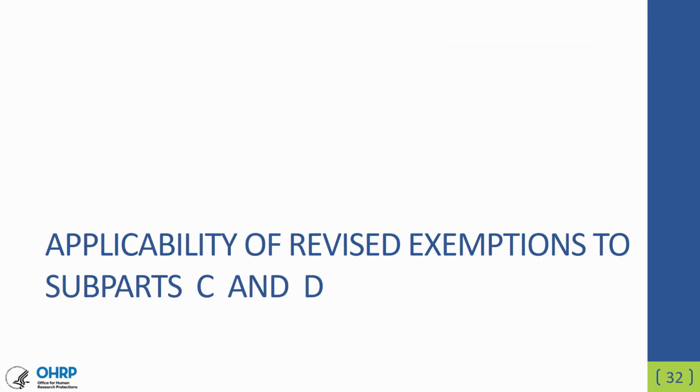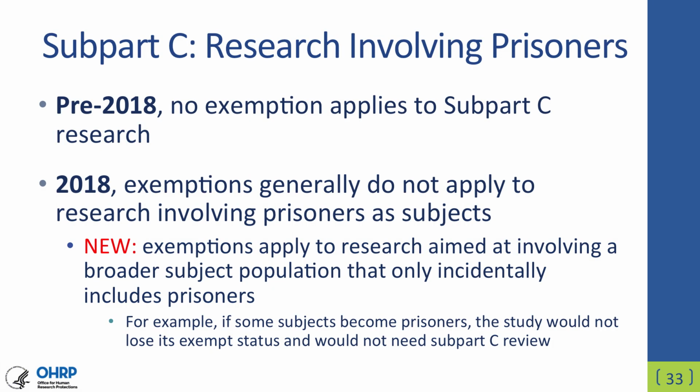And at last, let's address some of the changes in the revised Common Rule that affect the applicability of Subparts C and D. First, let's look at Subpart C, or research involving prisoners. Under the Pre-2018 Common Rule, none of the exemptions apply to Subpart C. Under the revised Common Rule, it is still the case that none of the exemptions apply to research aimed at involving prisoners or with high expectations that subjects will become prisoners during the conduct of the research.